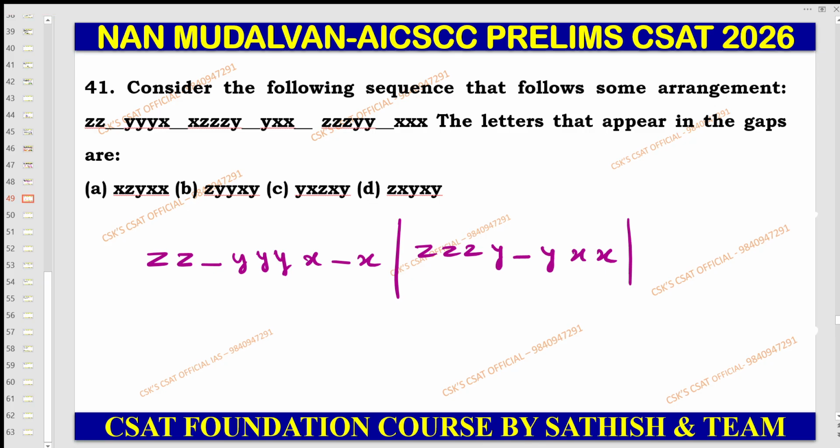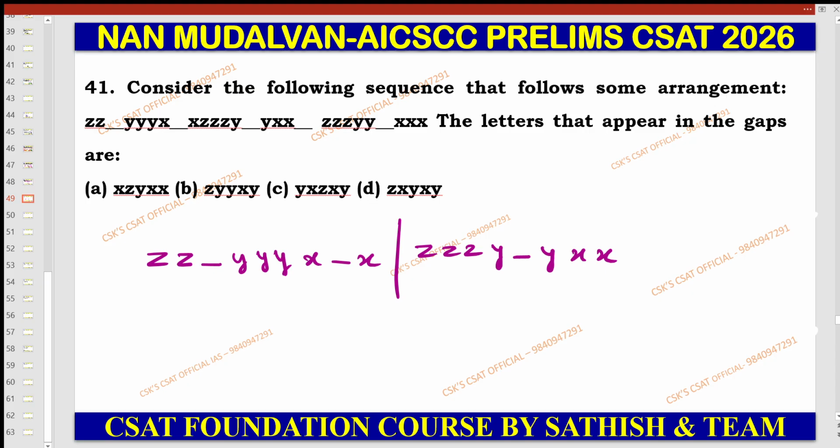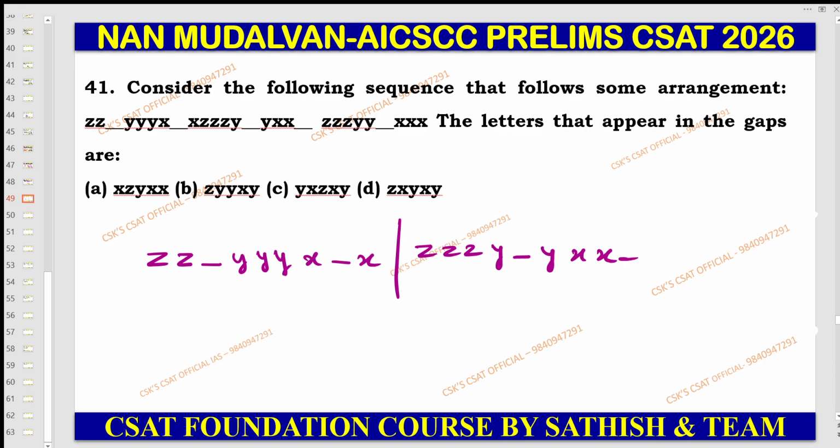If you are splitting like this, easily you can pick up some logic. 27 is there totally. Next z y dash x. See the pattern here. Y z x.